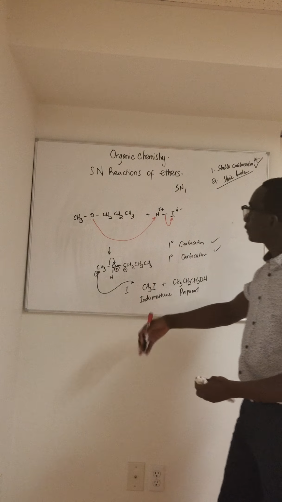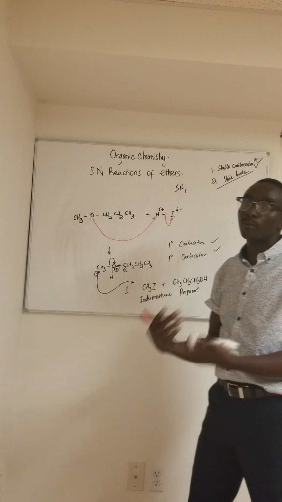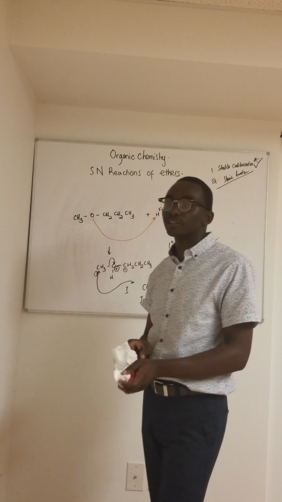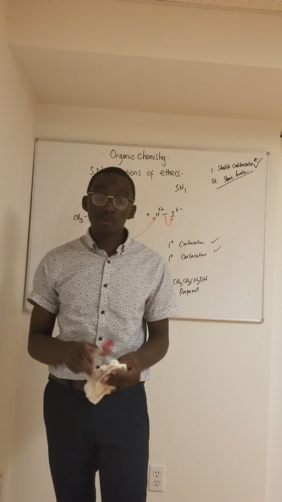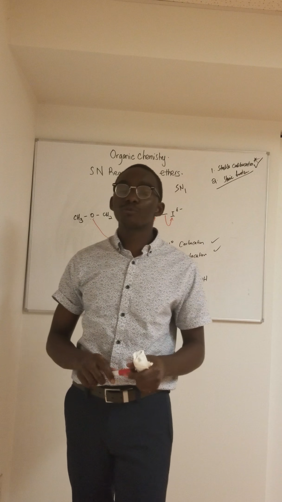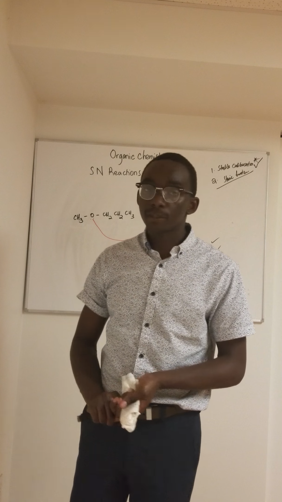So I think you've seen how I've played around with steric hindrance and stability of carbocations to come up with the major products. You're going to encounter so many problems in organic chemistry, and the only thing that you have to reason about is the stability of the carbocation and also steric hindrance.